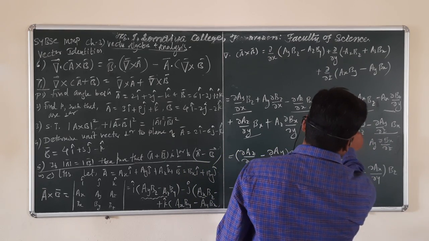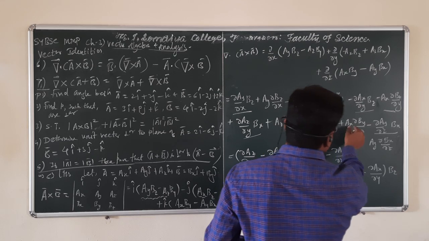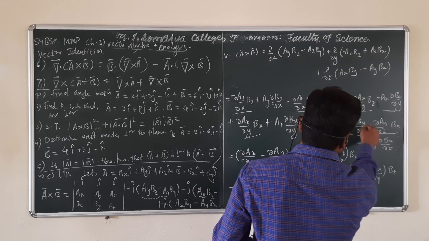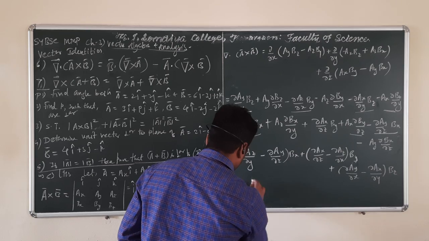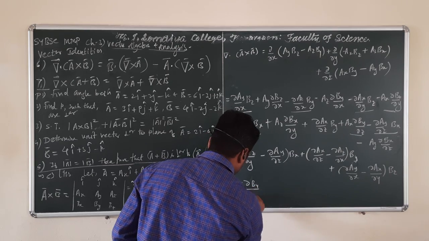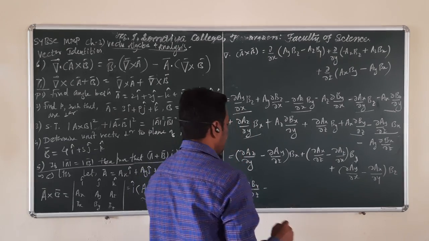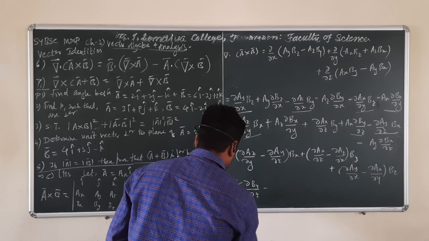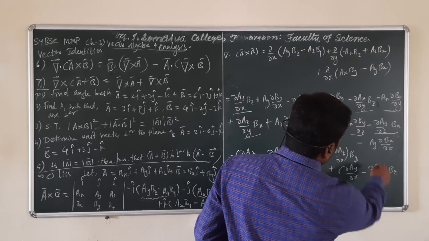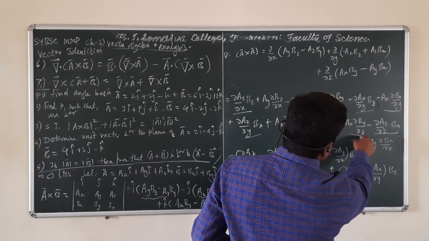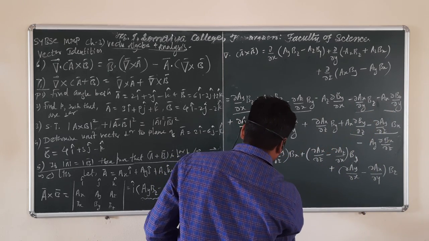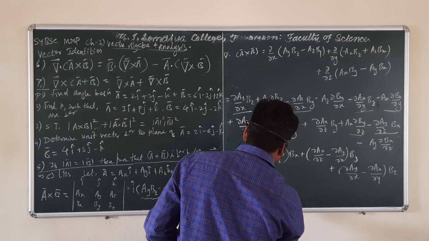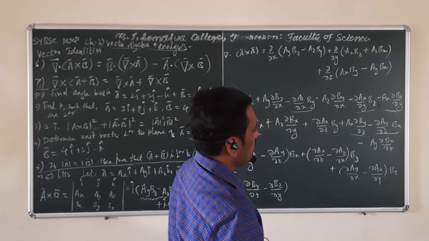Since we already took the minus sign common, the coefficient of ax is partial derivative of bz with respect to y, minus partial derivative of by with respect to z.